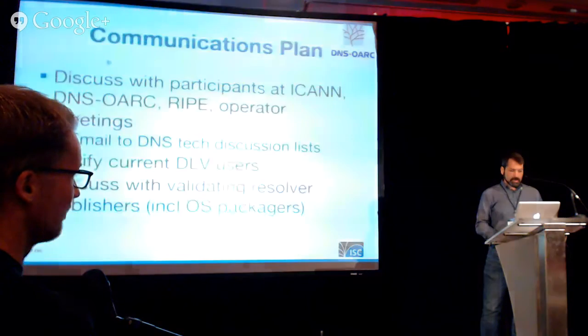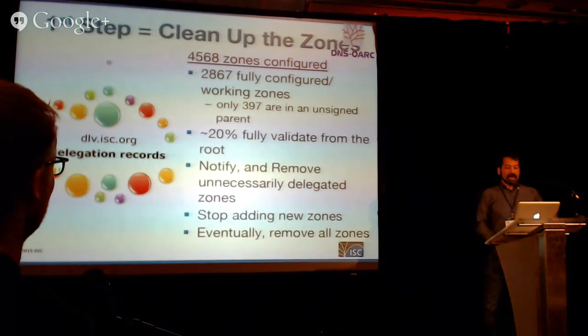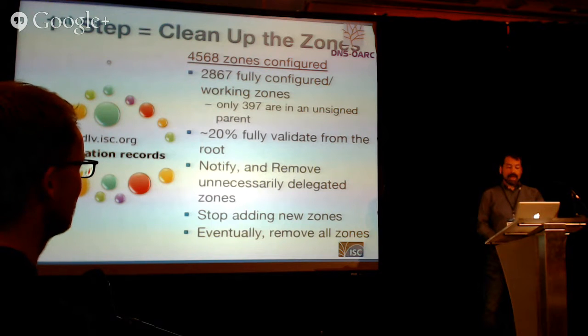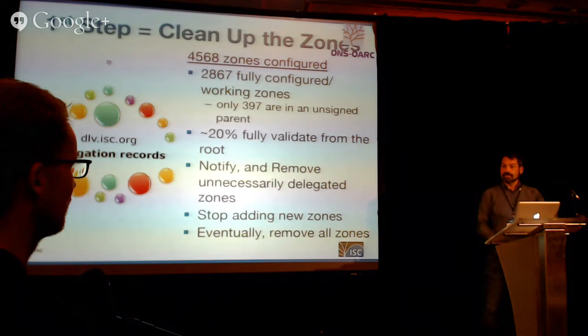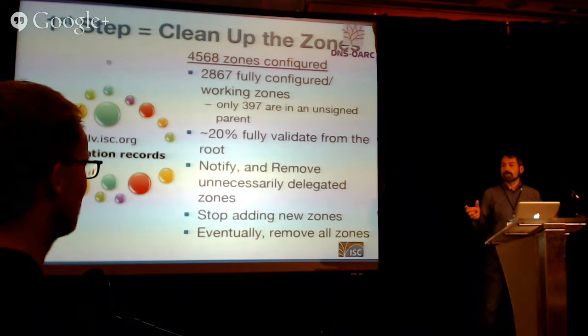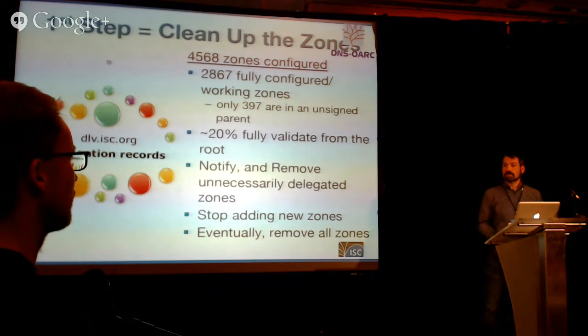The numbers that I quoted here, I know that at this point it is just over 5,000. I cheated here because this was a set of slides that was generated about 2 months ago, and I only had some of the new numbers, so I didn't want to make it internally inconsistent. But I know that there have been 300 or so zones registered in the last couple of months, but that was for a small number of new entrants.